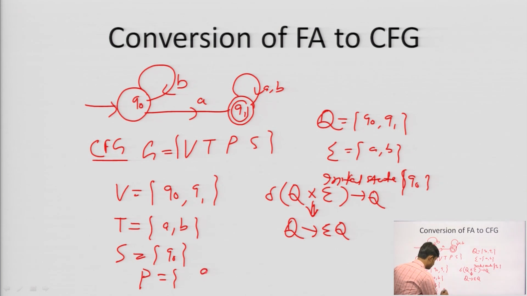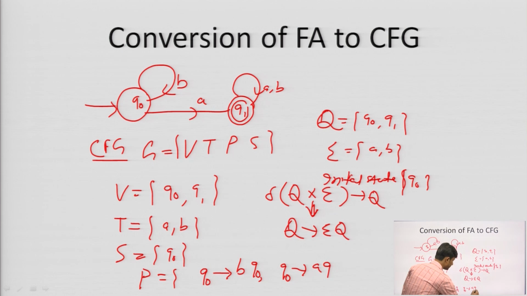So the first production will be Q0 to B Q0. Now we have another transition in Q0, input A going to Q1. So another production will be Q0 to A Q1.